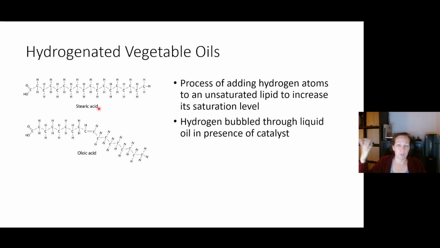So what food scientists realized is they can add more hydrogens and thus change the double bonds in the unsaturated fatty acids to single bonds and straighten out the molecules. And then they'll be more solid.